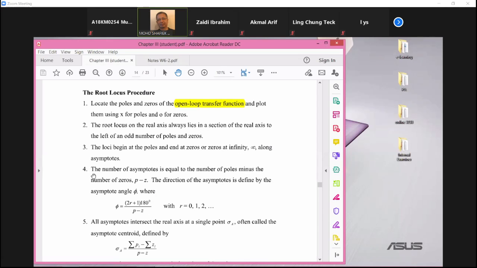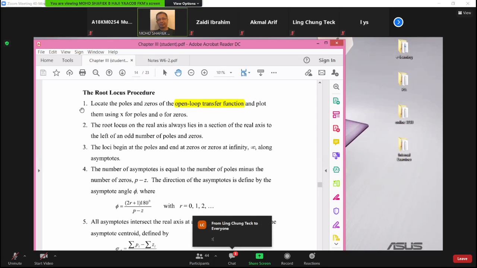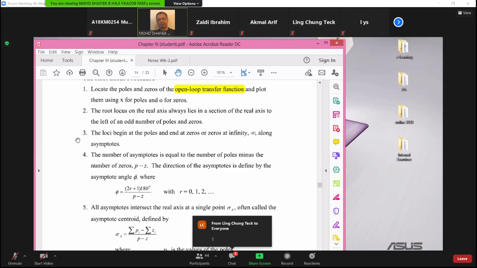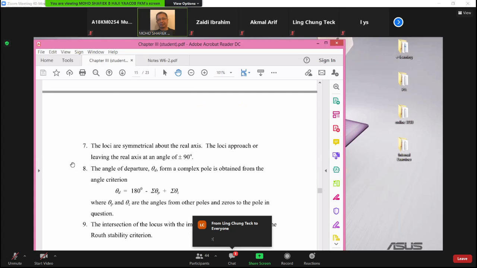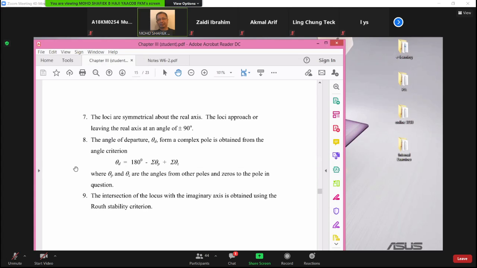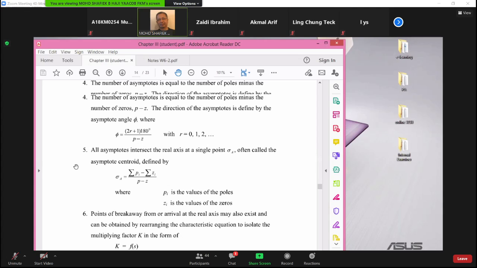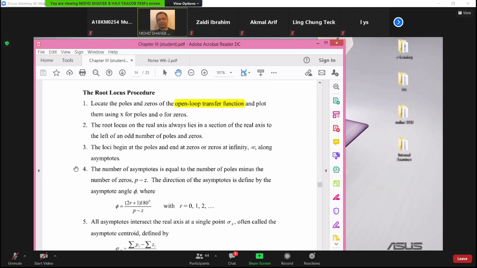You need to embrace this root locus, this 9-step drawing of root locus. You're going to earn 20 marks from this alone. 10 marks from your test, and then another 10 marks from your final.